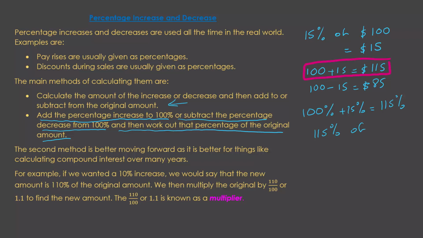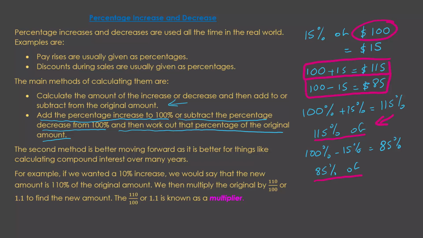For a decrease, you just do 100%, take away 15%, which is 85%, and then work out 85% of the original quantity. And you can see that I would get the same two answers above, because if we were basing it on $100, then 115% of that would be 115, and 85% of that would be 85.